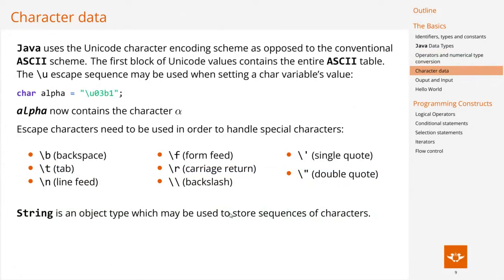Now, an interesting topic on character data. One thing that is not necessarily available by default in C and C++ is working with the Unicode character set. So C and C++ usually work with the ASCII table. The ASCII table defines a specific table that shows you the normal characters.